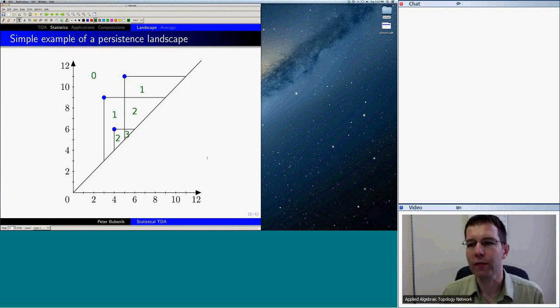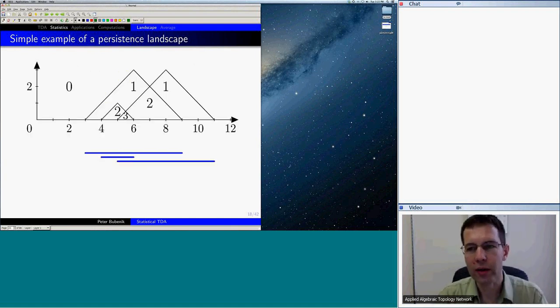And actually, most of the theory that I'm going to discuss in this next little bit also applies to this function, which is simpler than the persistence landscape. But it has some other advantages, so let me show you how we construct that function. So the first thing, I'm going to rotate this graph 45 degrees. Picture here.